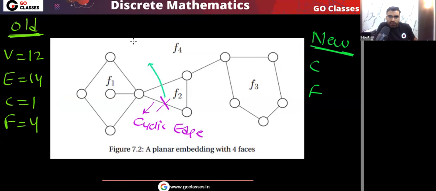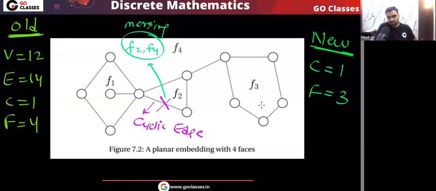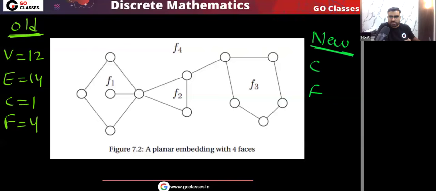You can easily see that F2 and F4 merge. So the number of faces will decrease by 1, and the number of components will be unchanged. Because you are deleting a cyclic edge, which is part of some simple cycle, the number of components is unchanged, but the number of faces decreases by one.